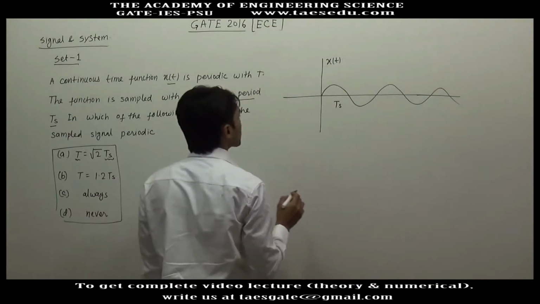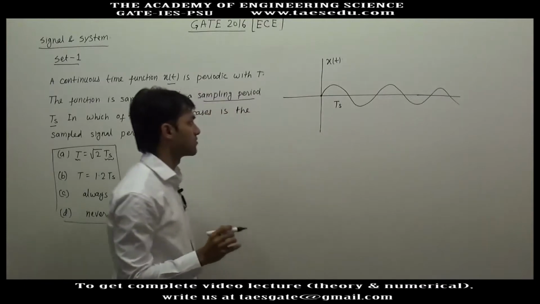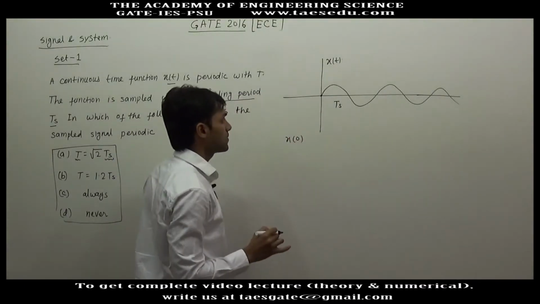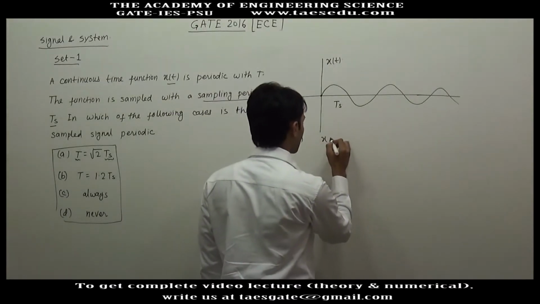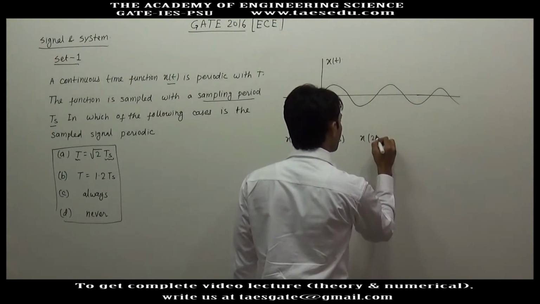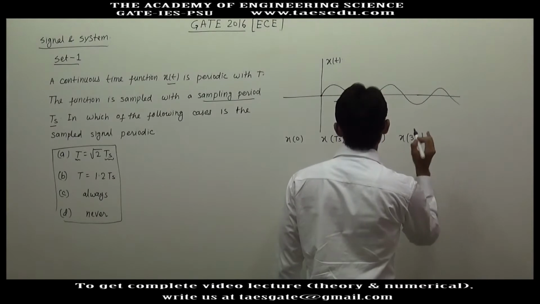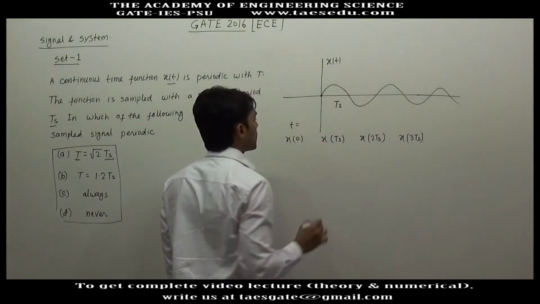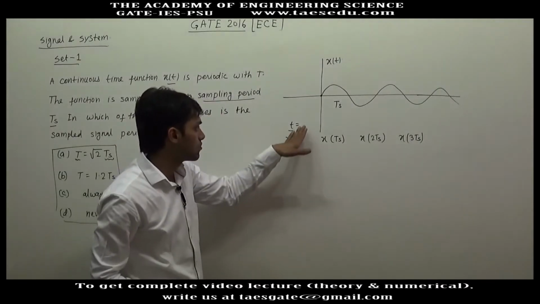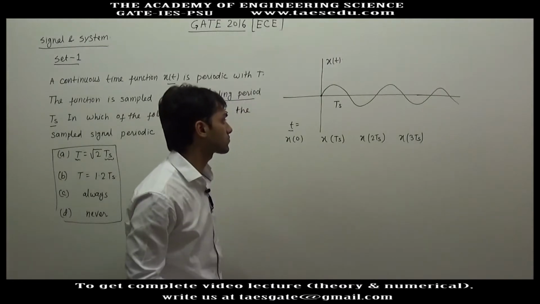So the samples will be, let us start with 0: x(0) will be the first sample, next sample will be x(Ts), then x(2Ts), x(3Ts). At the place of t, we will keep putting t equal to 0, t equal to Ts, and the integral values of Ts.